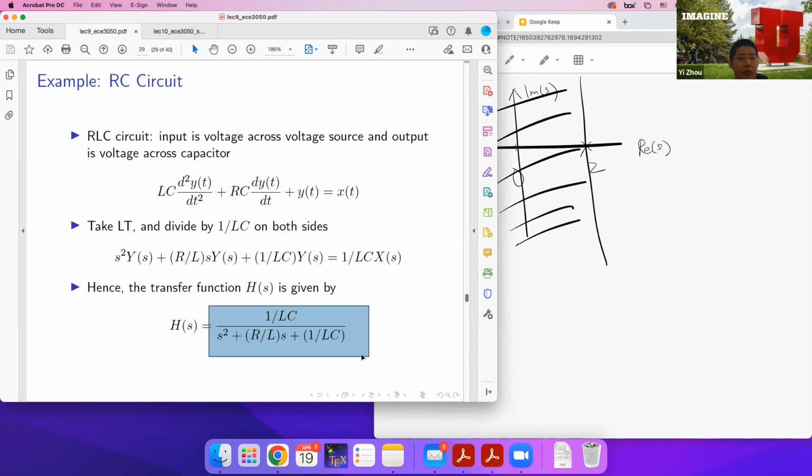This is a rational form, so this is an LTI system with a rational Laplace transform. Then you can talk about under what conditions this system will become stable or causal. That will depend on the region of convergence of this Laplace transform.